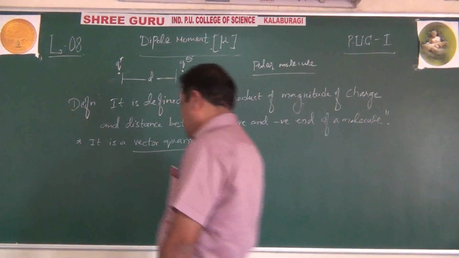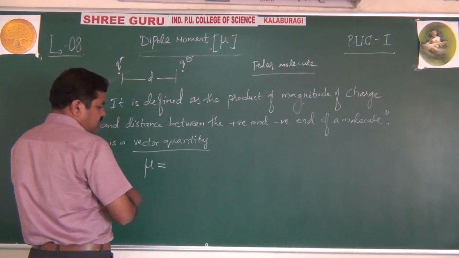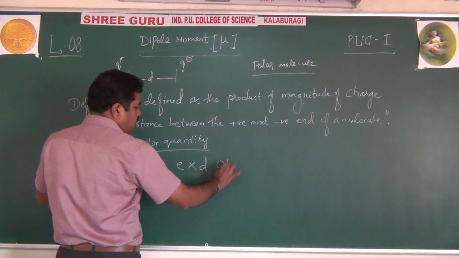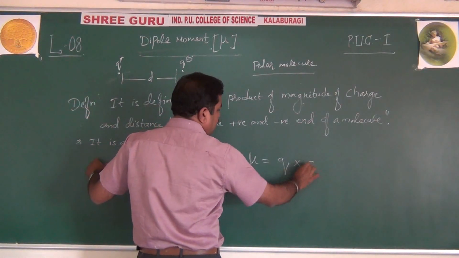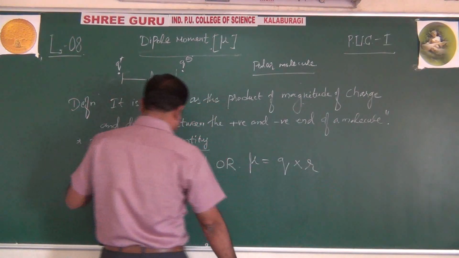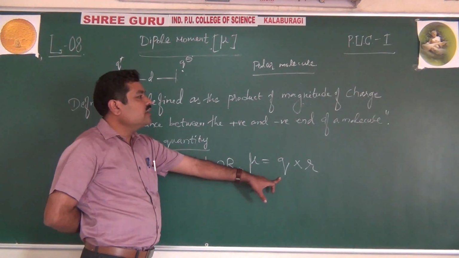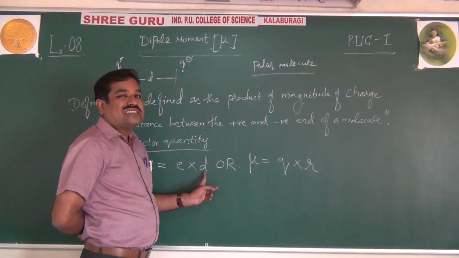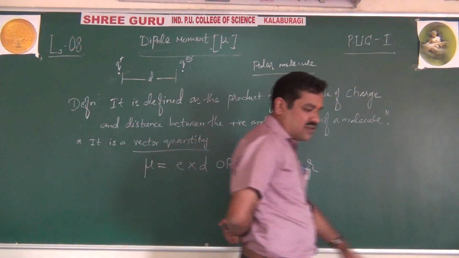Now, mathematically, this dipole moment is symbolically given as mu. Mu is equal to e into d, or you can also write mu is equal to q into r. Both are right. Here e or q stands for the magnitude of charge, and d or r stands for the distance separating the positive and negative end.